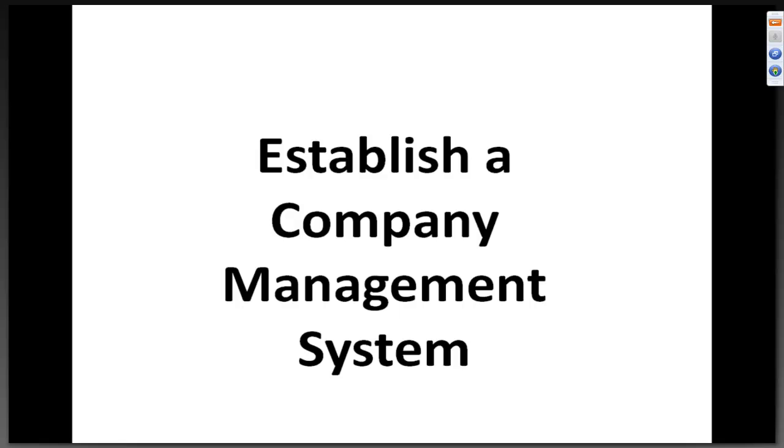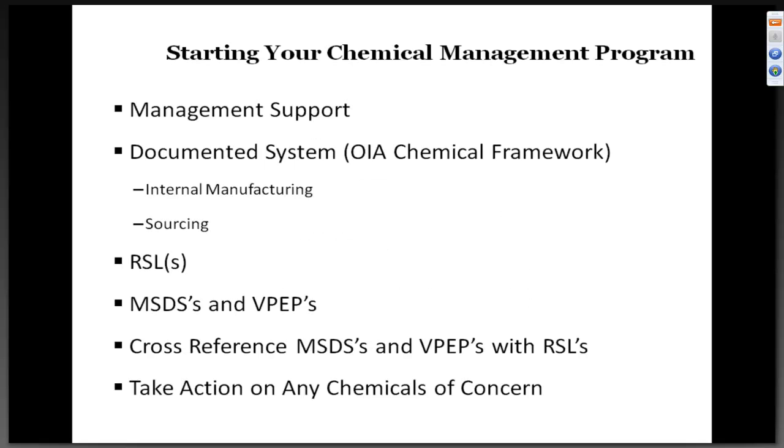So to establish a chemical management system, the first thing you've got to have is your management support. You need a documented system, in my opinion, such as this Outdoor Industry Association chemical management module that will guide you through the steps that you need to progress through in order to have a chemical management program that will carry you from the very beginnings all the way through developing a list and researching more sustainable chemistries for your manufacturing.